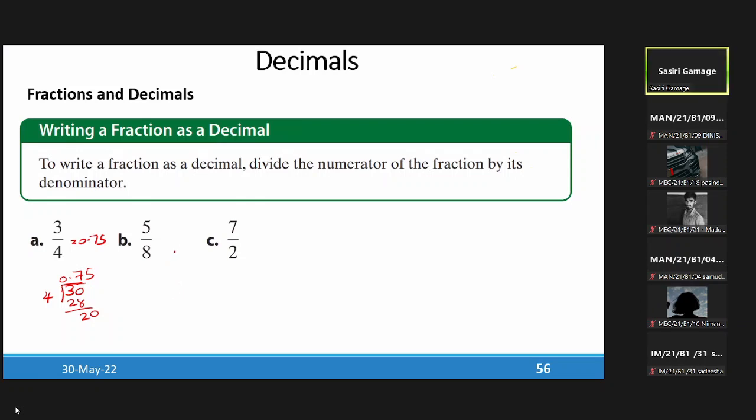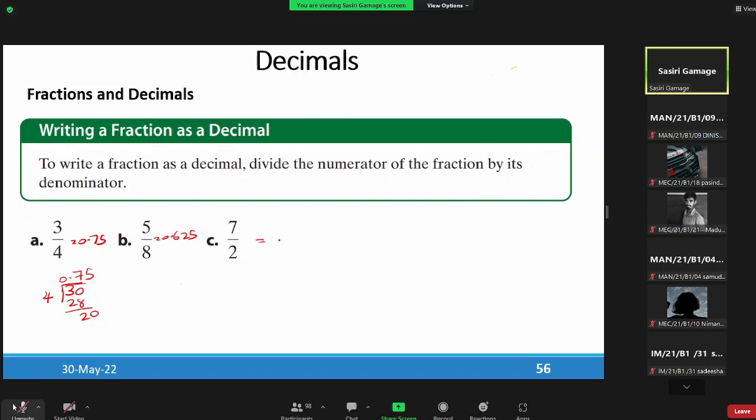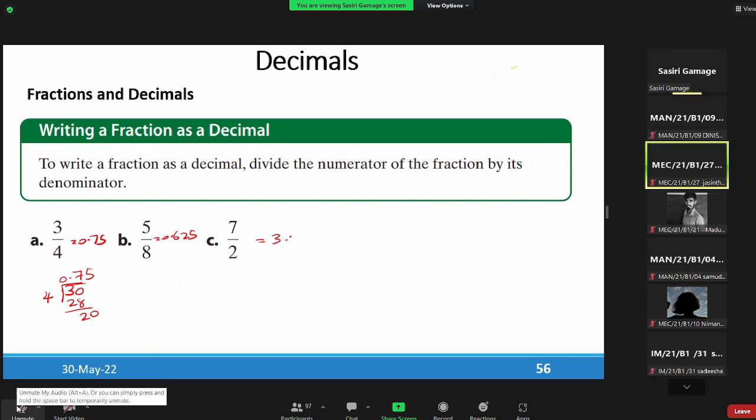I'm not going to write these, they are very simple things. 0.625. Then this one, 3.5.